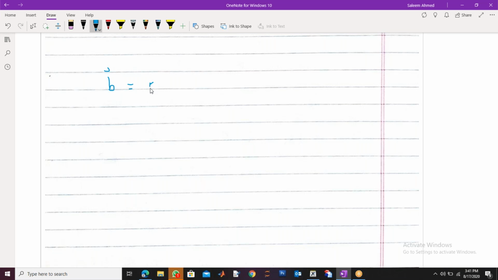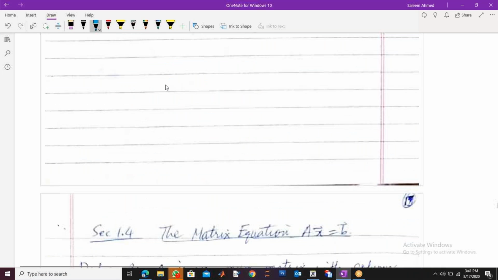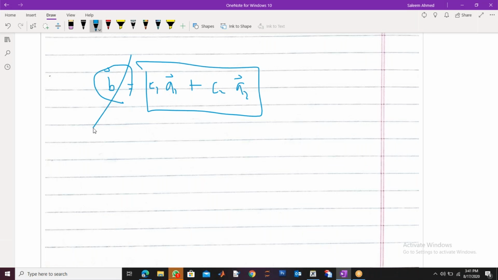So can we find some number C1 with A1 plus C2 with A2 so that this linear combination is equal to your B? Now, let's forget about whether this is B or not. Just look at this linear combination of A1 and A2.